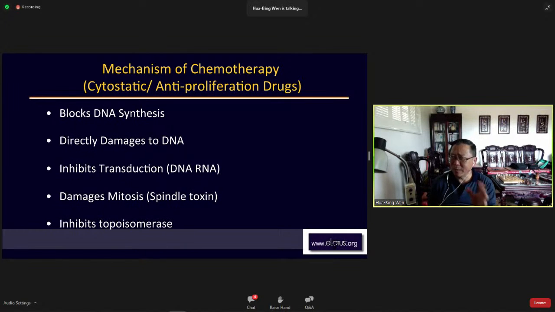For example, a patient undergoing chemotherapy looks dark and dull. This is what I call the chemo face.